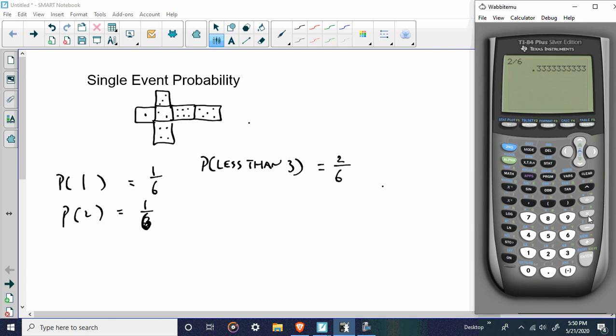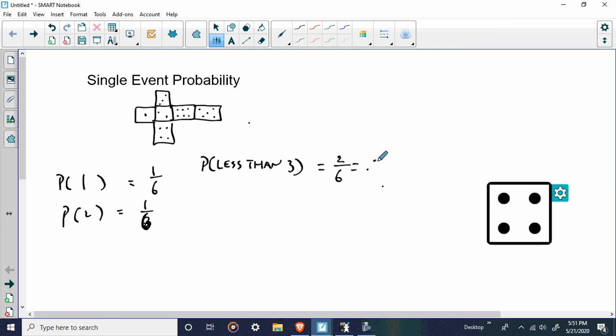If you wanted that as a percent, same thing we were doing yesterday, just multiply it times 100. So this is 0.333 repeating, or we could say 33.3 repeating percent. So again, there are all sorts of questions on IXL: what's even numbers, what's odd numbers, all of those other kinds of things.